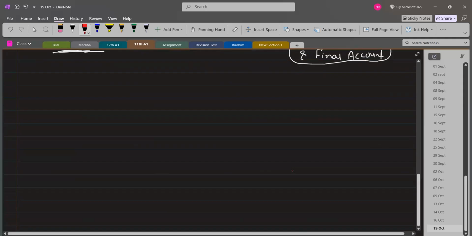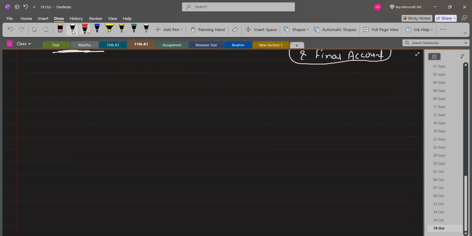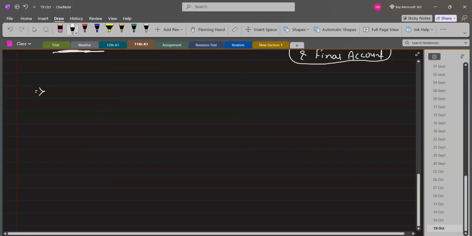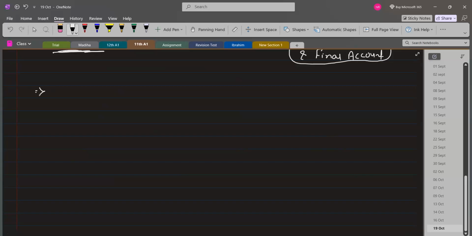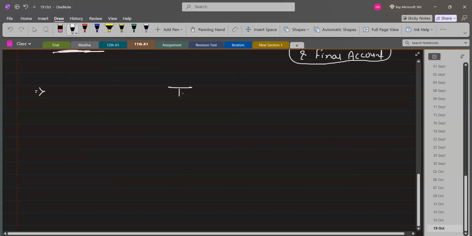Okay. So error of omission I already told you, but there are certain errors which can affect the trial balance, and there are certain errors which will not affect the trial balance. So you cannot find these errors by totaling the trial balance. Now, to understand the errors, you have to understand how you prepare the trial balance.